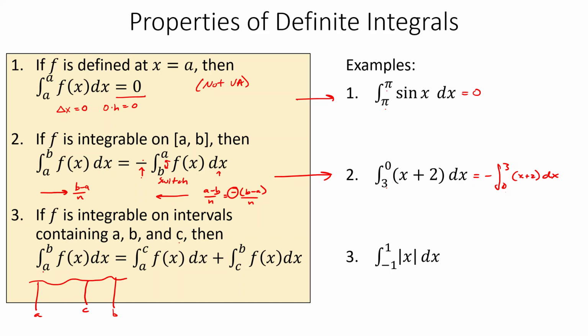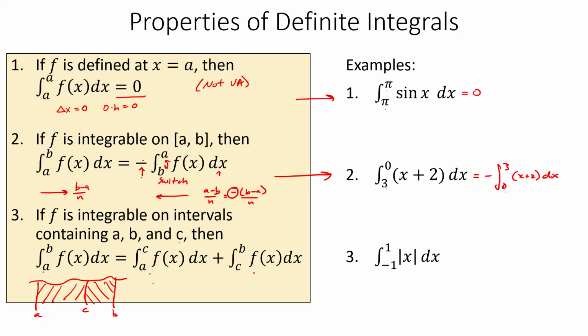All we're saying is the area from a to b, the whole section, is the same thing as the area from a to c, which is this guy, plus the area from c to b, which is that guy. So, I mean, that makes perfect sense to me. If it's in between, you just break it up, and those two areas add up to the whole area, and that's all that's saying. If c is outside of it, it still works.